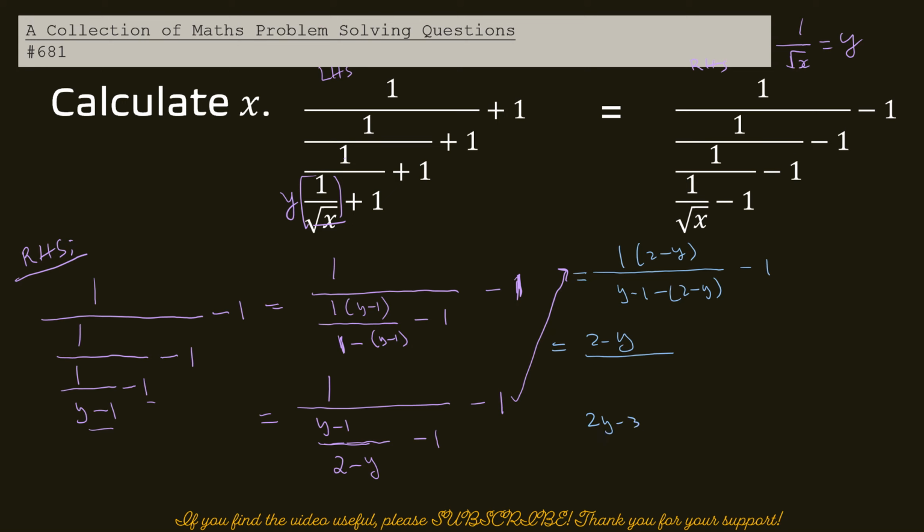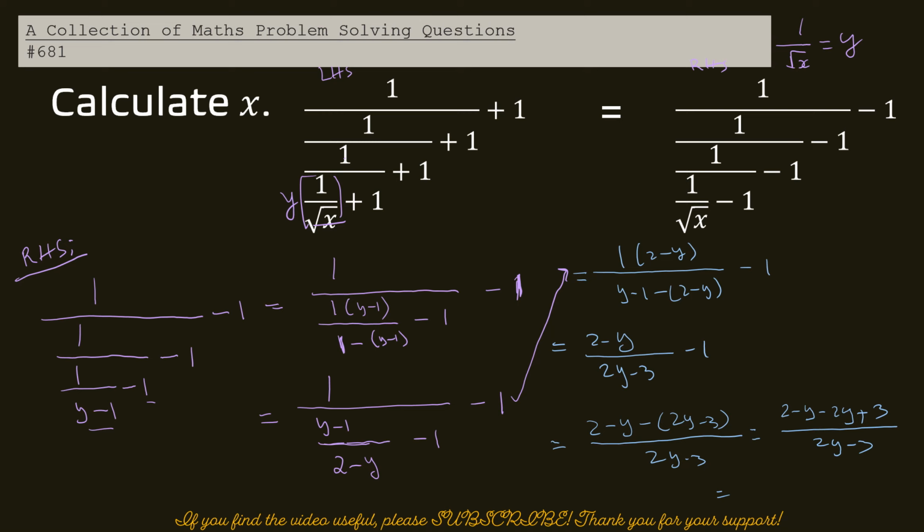So I'm going to write here 2y minus 3 minus 1. Then I can write 2 minus y minus 2y minus 3 divided by 2y minus 3, which is 2 minus y minus 2y plus 3 divided by 2y minus 3.